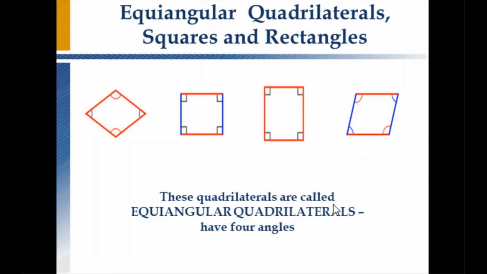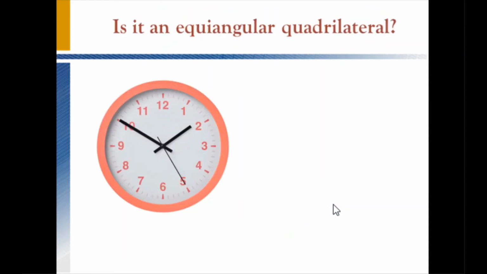Now let's try to see if you can differentiate what is an equiangular quadrilateral from others. You tell me whether it is an equiangular quadrilateral or not by saying check for it is, X for it is not.